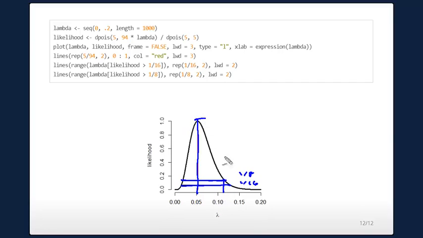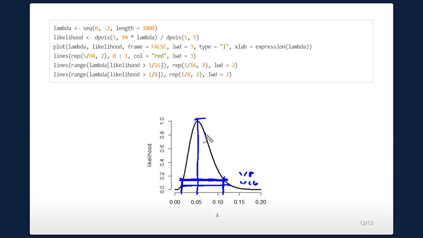Because the top is 1 and the bottom is 1/8, that ratio is 8 if you put the MLE in the numerator, and 1/8 if you put this value in the numerator. The same goes for the value at that corner. So basically, the MLE is 8 times better supported than that point.